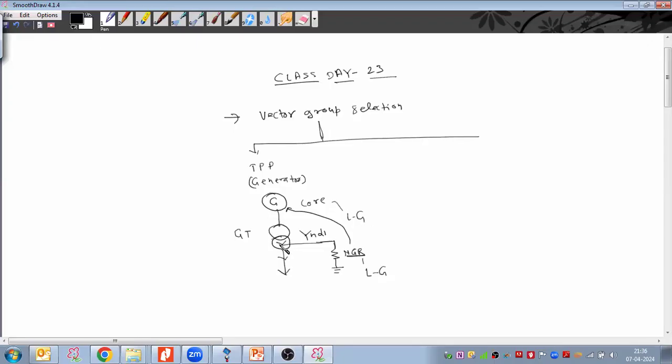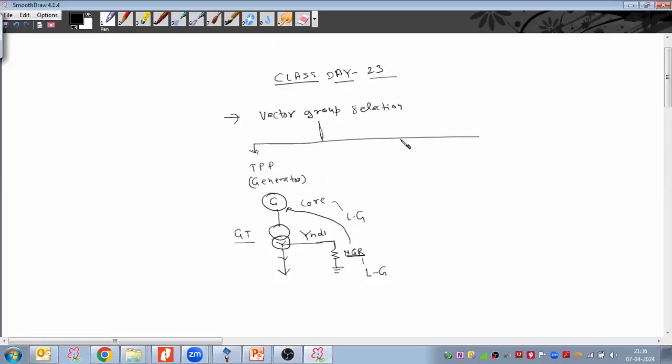So whenever we have any transformer which is connected to the generator, the generator is a rotating equipment, so we have to put the NGR. I'm taking the same example. Let me cover other things.